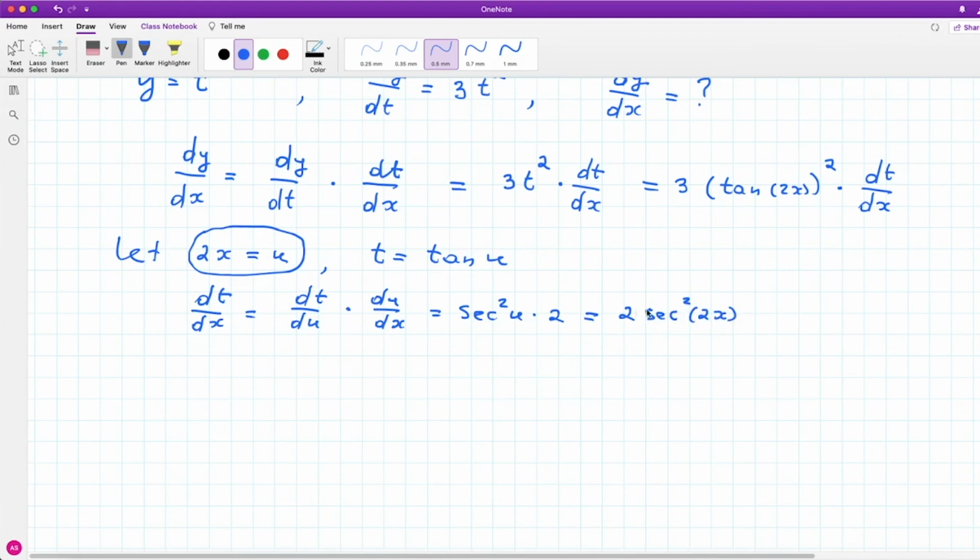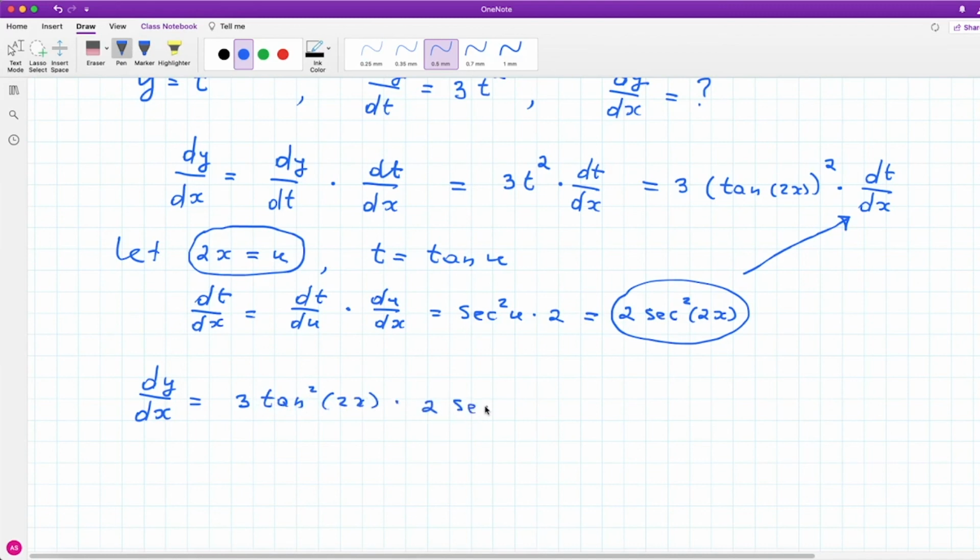And this is the formula for dt/dx, which we can now plug into the formula for dy/dx that we had earlier. Putting all of these things together gives us the final result: dy/dx equals 3 tangent squared of 2x multiplied by 2 secant squared of 2x.